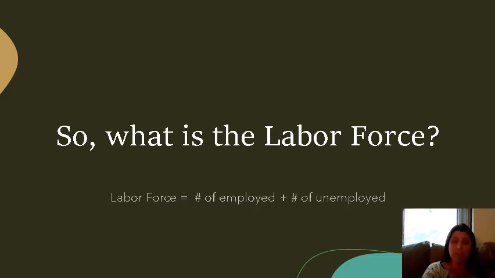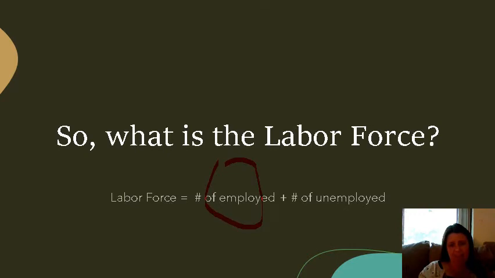There's a little formula. Make sure you write it down, please. Labor force equals the number of employed plus the number of unemployed. So go back to those first two definition slides. Everybody that gets paid for their labor, works in a family business without getting paid, full-time or part-time. Remember our first slide? Those are your employed people.